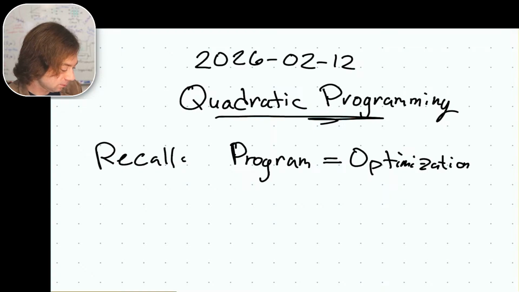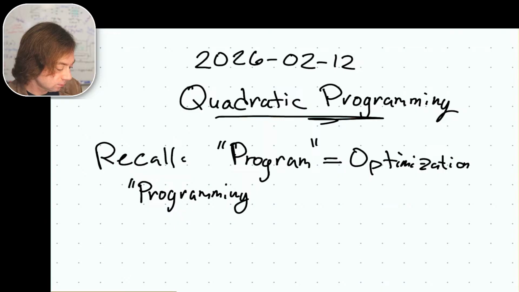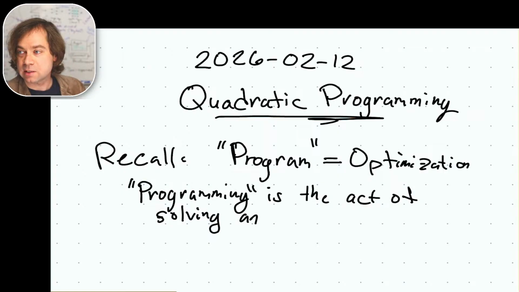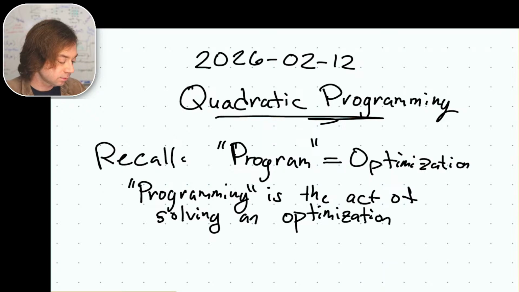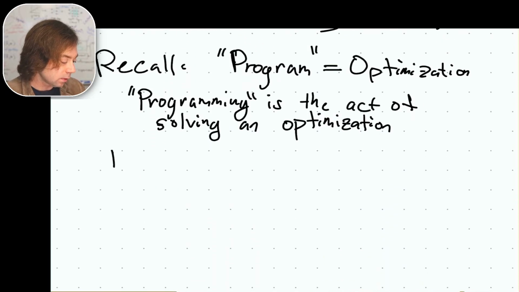So the program is equal to optimization, and programming is the act of solving an optimization. It'd be a lot cleaner if we just never used the word program, but it's baked into the cake of the literature and how people talk about it. And last time we covered a linear program, which was a linear optimization. So we're going to recall a linear program.